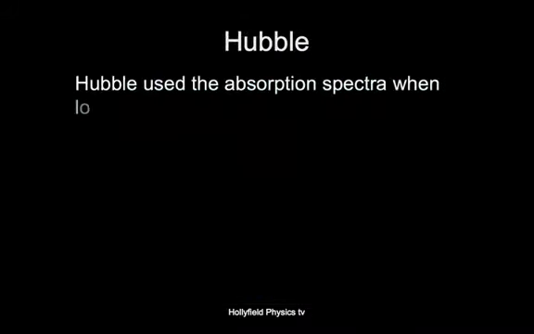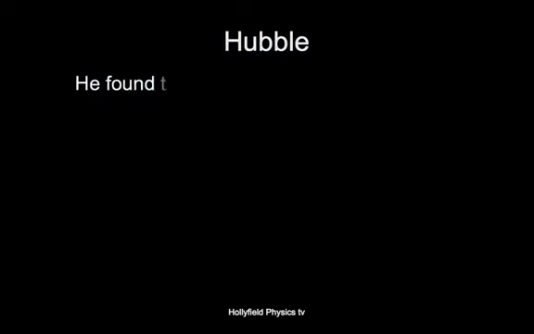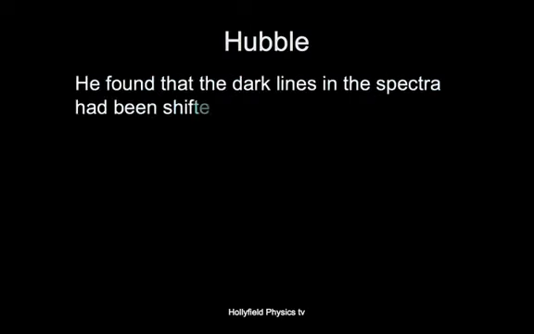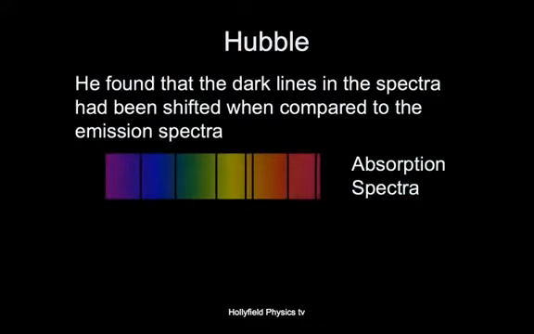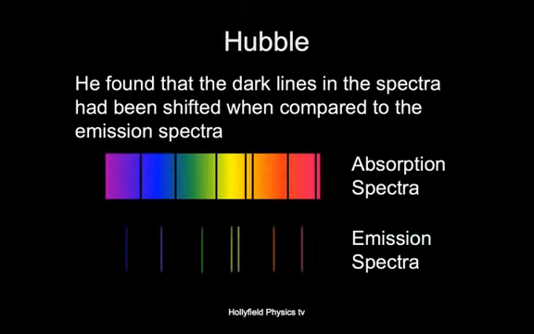Hubble used this idea of absorption spectra when he was looking at distant galaxies. And what he found was that the dark lines in the spectra had been shifted when he compared them to the emission spectra of elements here on Earth. And each of the lines had been shifted by the same percentage amount.